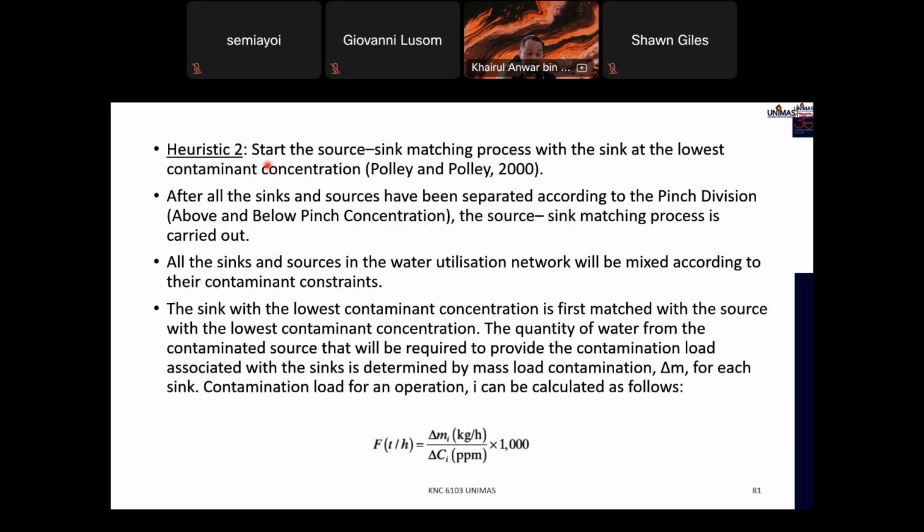Rule of thumb number 2. You remember the sourcing composite curve, it started at 0. The same for the water cascade table. The flow rate for the fresh water starts at 0 kg per second.